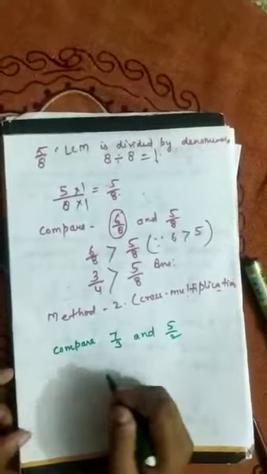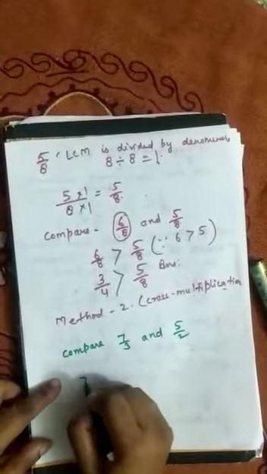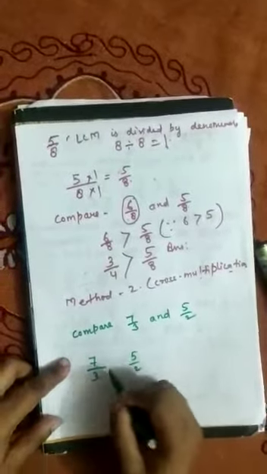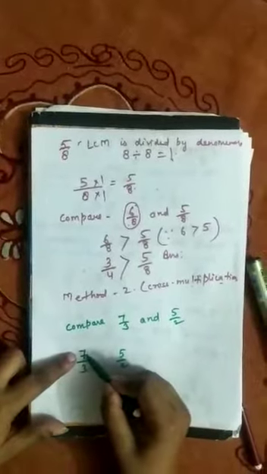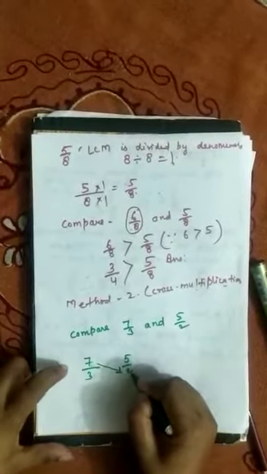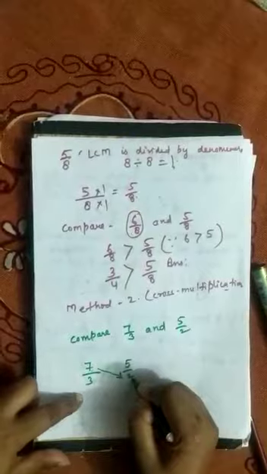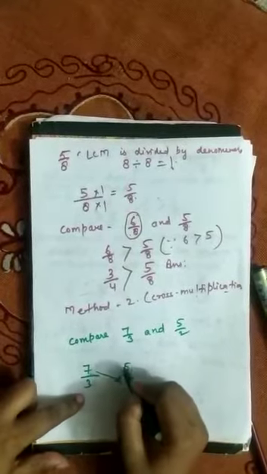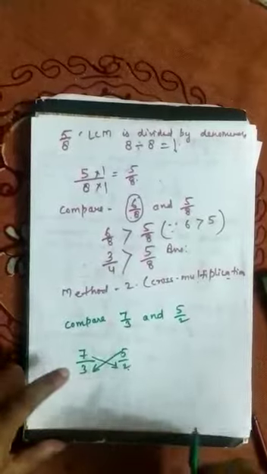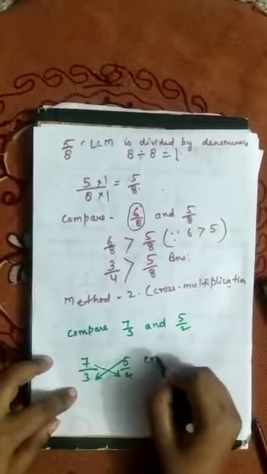Okay, what you have to do is just do the cross multiplication. The numerator 7 will be multiplied with the denominator of the second fraction, and the numerator of the second fraction will be multiplied with the denominator of the first fraction. Okay, that is cross multiplication.